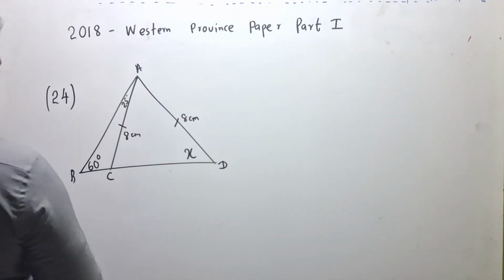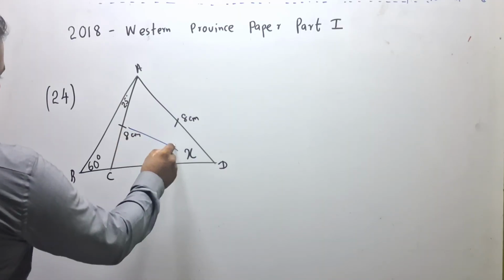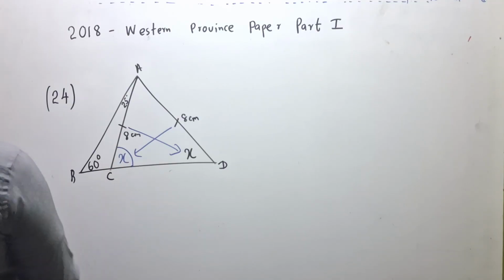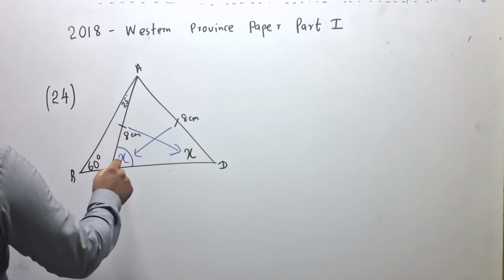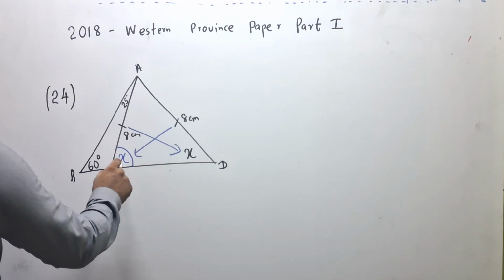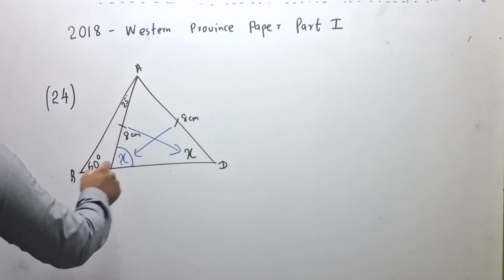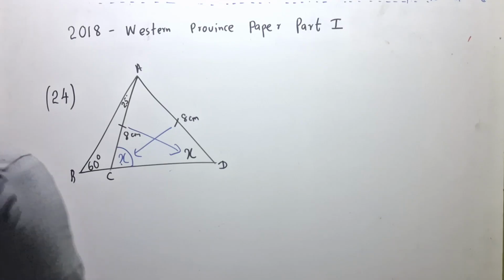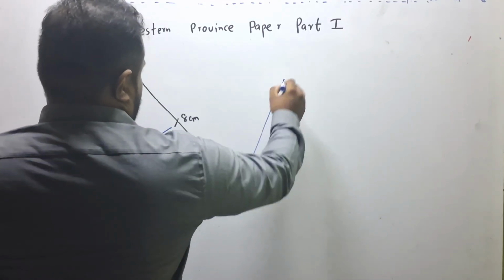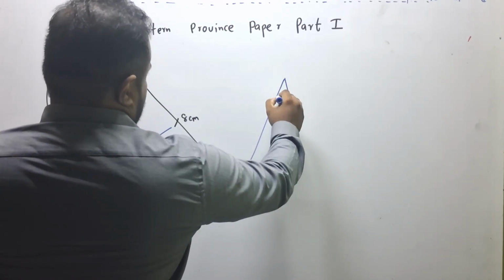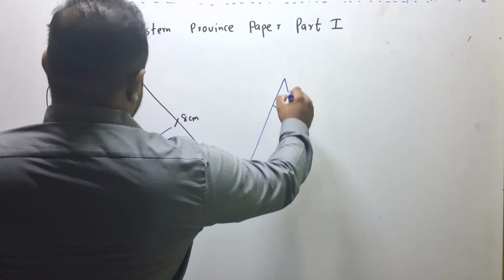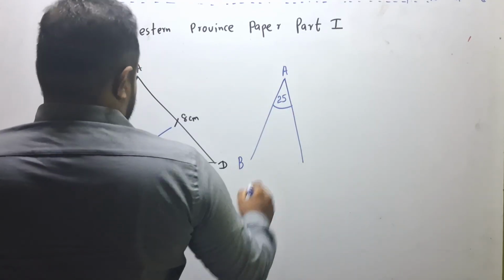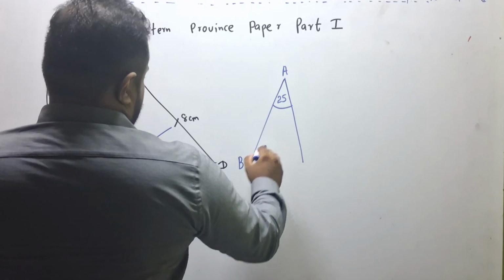What is that? If this is X, this is also X. And what we can say about X is that it is the exterior angle of this ABC triangle. I'll draw it separately like this. This angle is 25, A. This angle is B, and 60 degrees.